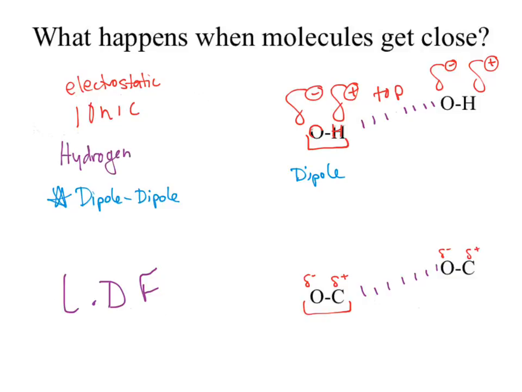Hydrogen, it hurts to say it, bonding. It is not a bond. Hydrogen bonding is the attractive force between two molecules where those molecules have a hydrogen bound to an electronegative element.